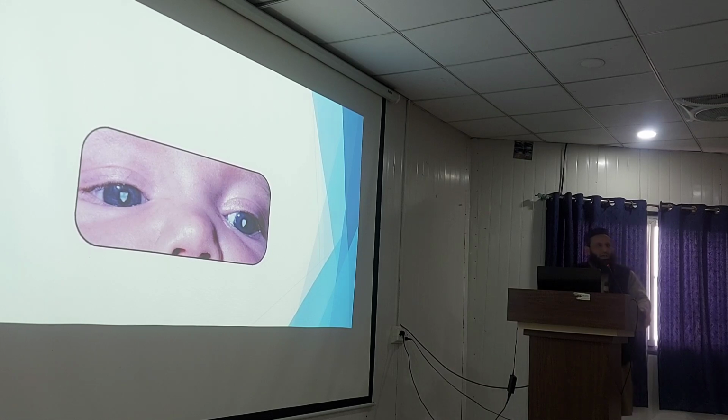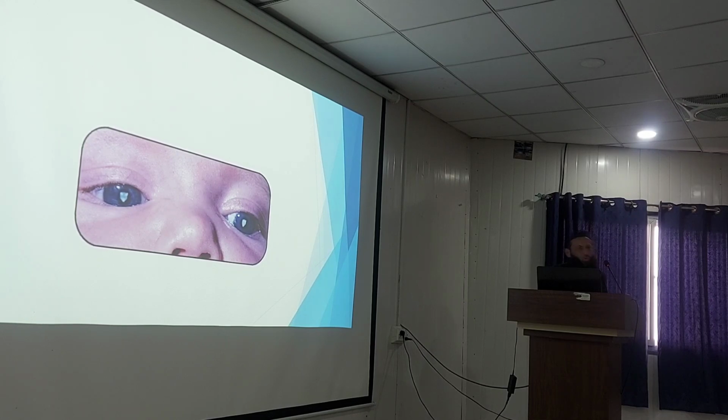So this was about the RAPD, and we use the swinging light reflex test to see whether the RAPD is positive. If the RAPD is positive in the right eye, it means the right eye has some problem. If RAPD is positive in the left eye, it means the left eye has some problem.